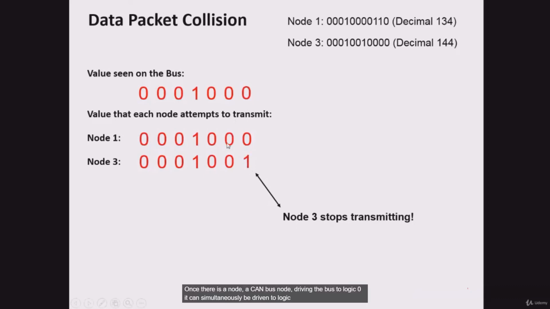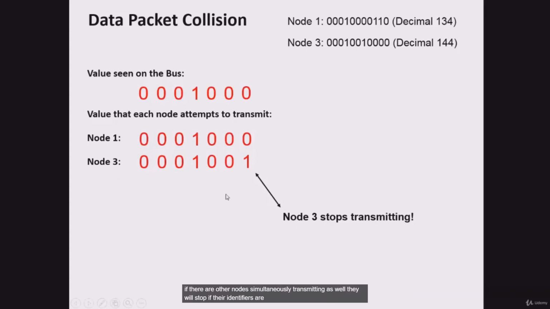Once there is a CAN bus node driving the bus to logic 0, it can't simultaneously be driven to logic 1. So 0 is dominant. Once the node is transmitting a 0 and pulling CAN high to 3.5 volts, pulling CAN low to 1.5 volts, the 1 can't be transmitted. So node 3 stops transmitting.